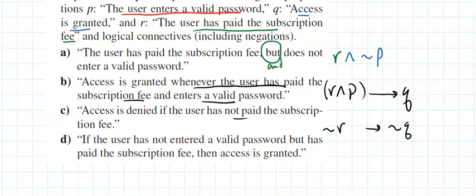And the last one says, if the user has not entered a valid password, but means and, we said, has paid the subscription fee, then access is granted. And that's pretty much it for this section. Again, we're barely touching this, but this section, we're just gonna focus on this part, and we will use that in other sections.